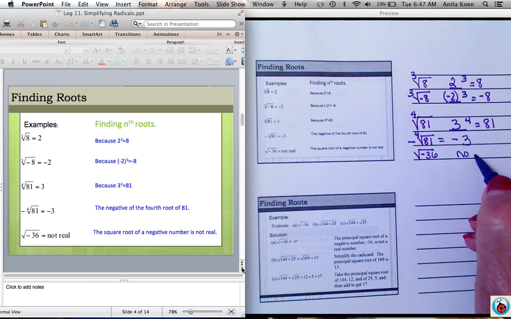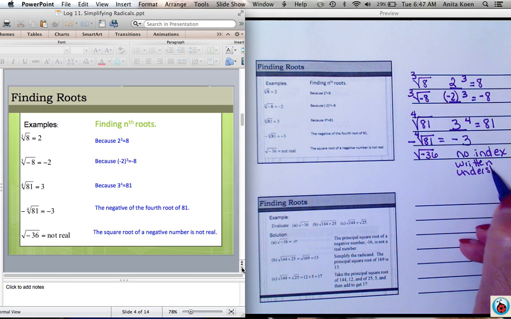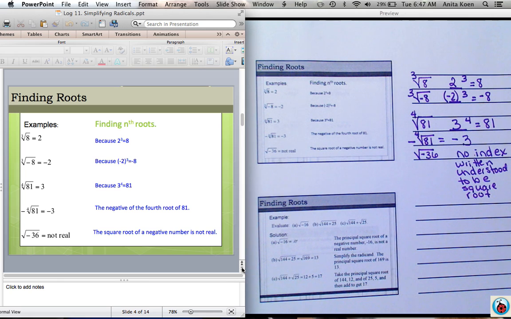No index written means that it's understood to be a square root.